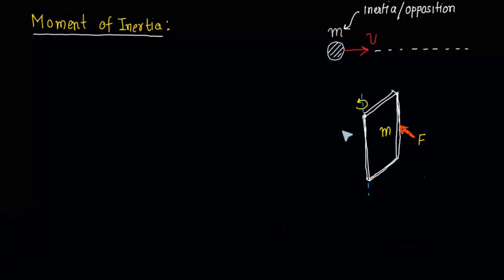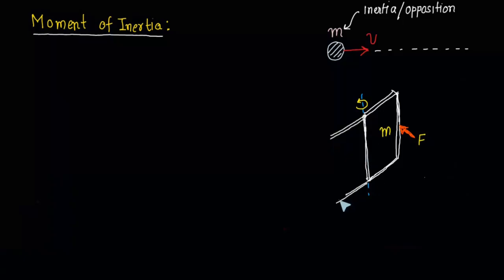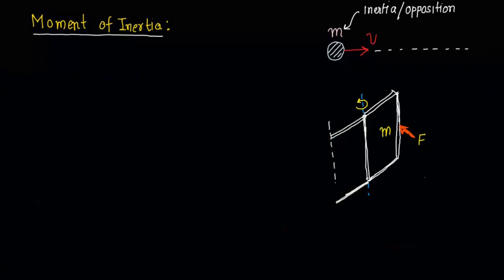Now if you simply put an extension on the door, you are not increasing the mass, but you are extending its length, and now this is the axis of rotation. You want to rotate the door about this axis. In case 1, the axis of rotation was at AB, and now the axis of rotation is at CD.